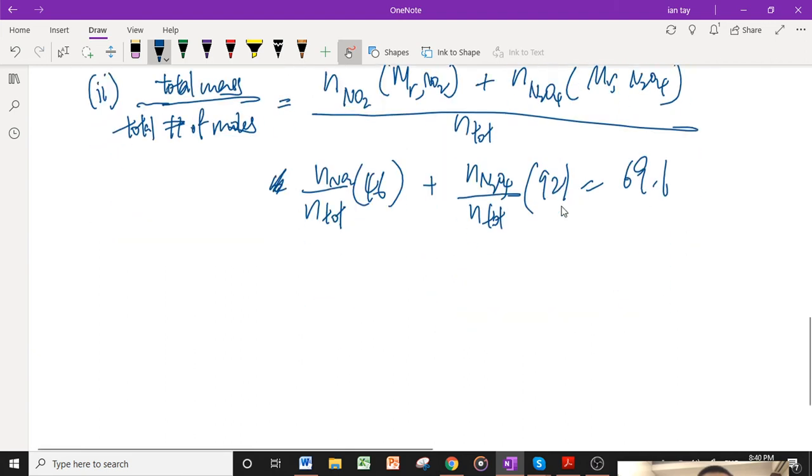And you realize you have two unknowns, which is the molar fraction of NO2, 46 of it, plus 92 times the molar fraction of N2O4 equals 69.1.